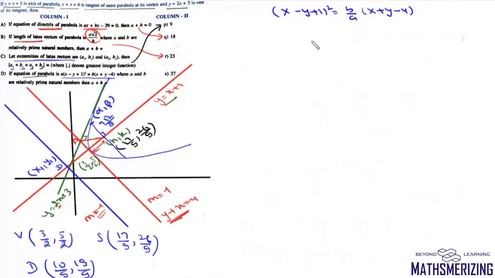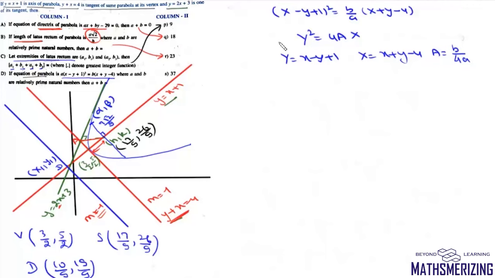So we'll compare it with the standard equation, which is capital Y square equals 4a capital X. Now here capital Y is x minus y plus 1, and capital X is x plus y minus 4, and here a is b upon 4a.